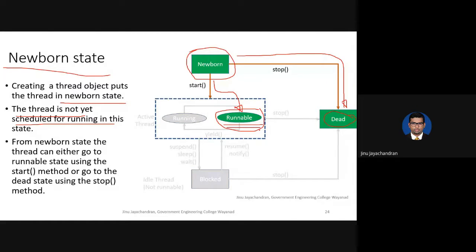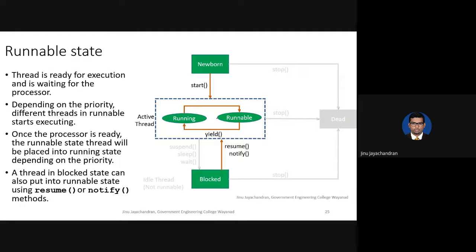Once you are in the runnable state, you are basically waiting for the operating system to make you run. There will be multiple threads in this runnable state, because at any point of time, the operating system will allow only a limited number of threads to run. For example, let's say you have 1,000 threads, but the operating system might be configured to run only 100 threads at a time.